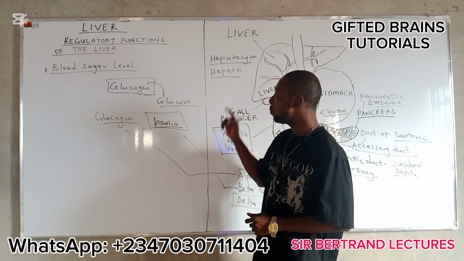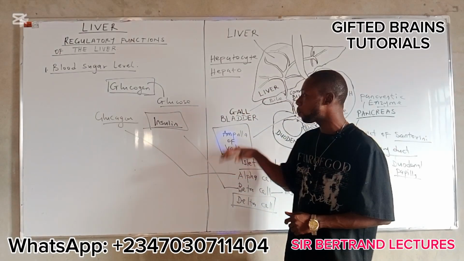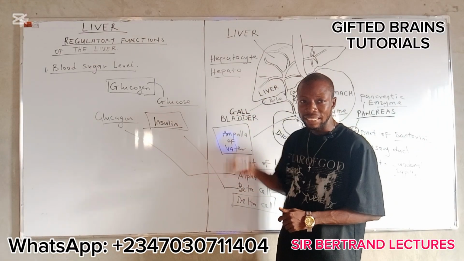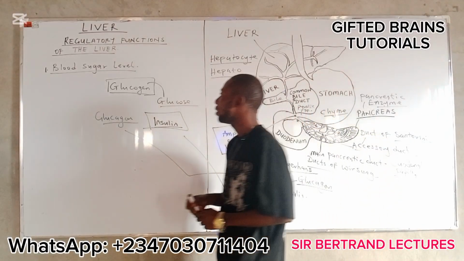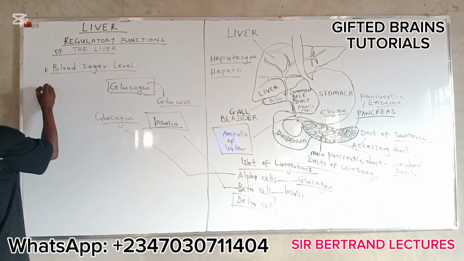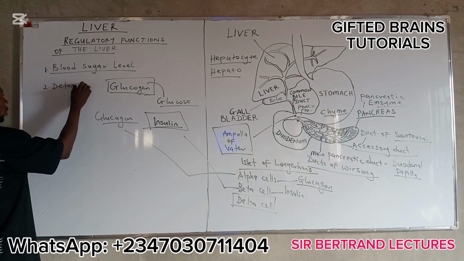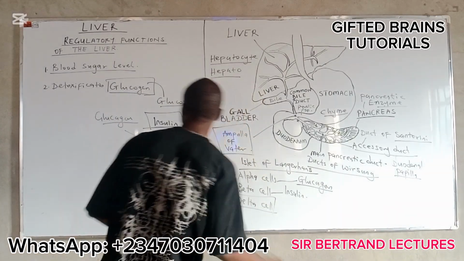So the liver regulates the blood sugar level by responding to the presence of insulin and glucagon produced by the islet of Langerhans of the pancreas. All right. Then the next function we are going to look at is detoxification.